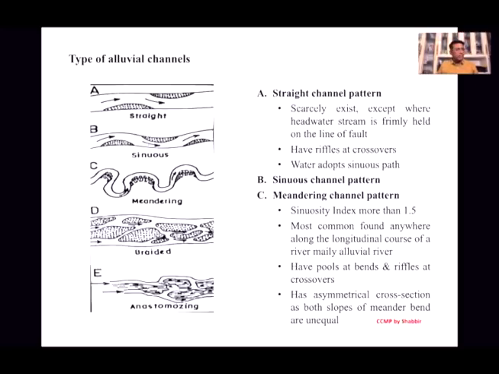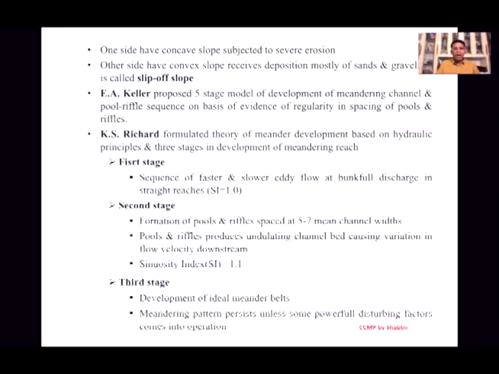The ultimate cause of meandering, why it happens, is still not very well known. So read up these 2 paragraphs here. Now I want a small discussion on what are braiding channels. By the way, this page has a summary of the 5-stage model, the first stage, second stage, and so on.